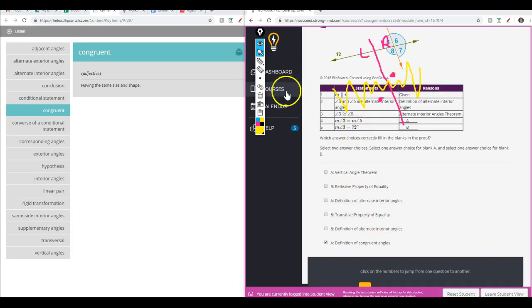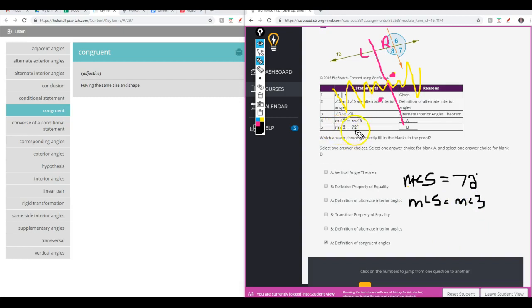And transitive property means you're linking three things together, and then you're just going to list the first and the last. So for example, we had the measure of angle 5, which was given to equal 72 degrees. It was also given that measure of angle 5 is equal to the measure of angle 3.